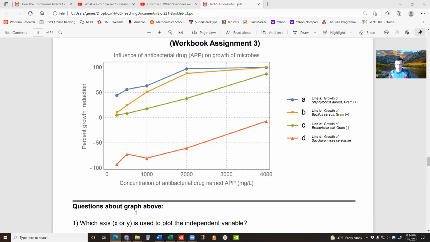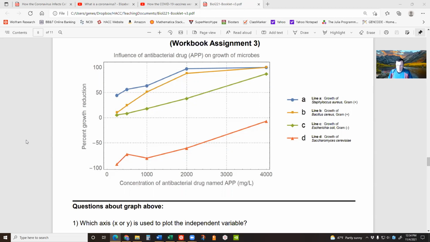Okay, so here we have some scientific data that's been presented to us in a scatter plot. A scatter plot is an XY plot with these little dots here, right? And lines have been drawn between the dots through a process which you don't have to worry about, but it's called interpolation. Okay, and so we're going to see how you did with this.